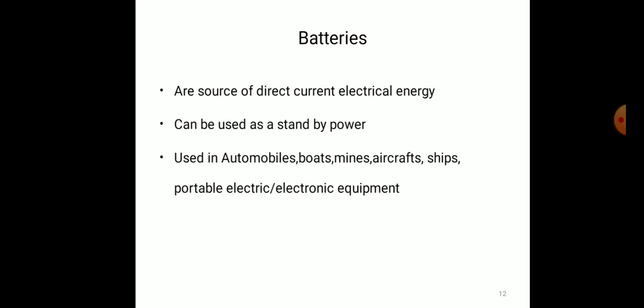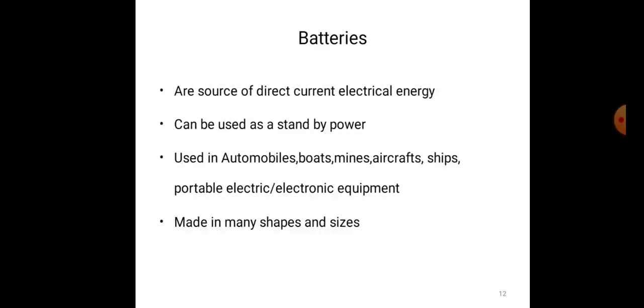We need not go for physical or mechanical pushing; we have self-acceleration by using the batteries. Boats, mines, aircraft, ships, toys, so many things use batteries.